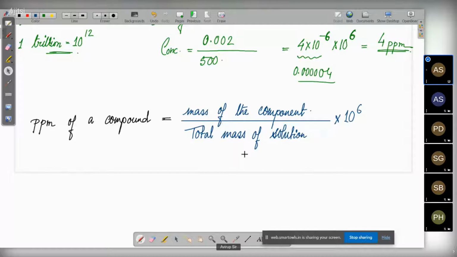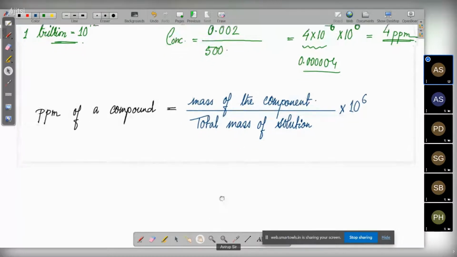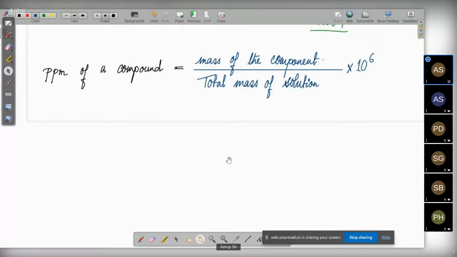Just like you have parts per million, suppose now the concentration is even much lesser than parts per million as well. That is why we have parts per billion, ppb. ppb is also the preferred unit for measuring atmospheric pollutants in air.